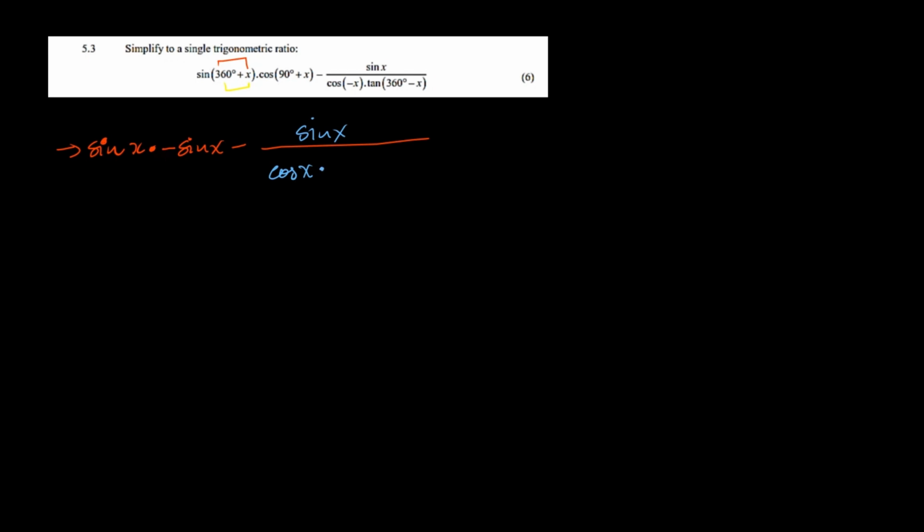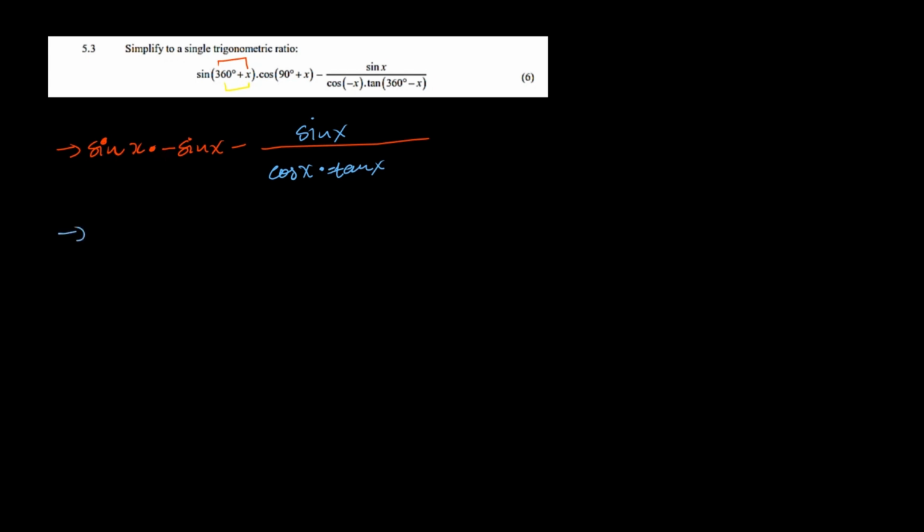Remember, 360 degrees minus is in the fourth quadrant, and tan is negative there. So this will just be negative tan x.